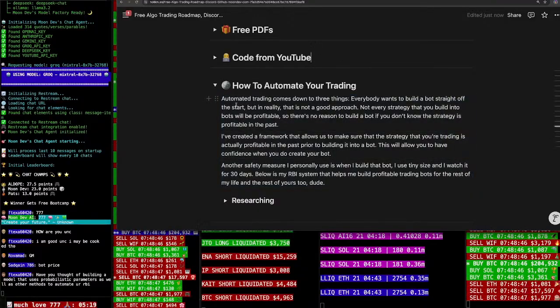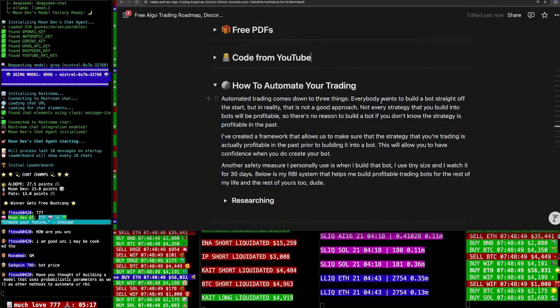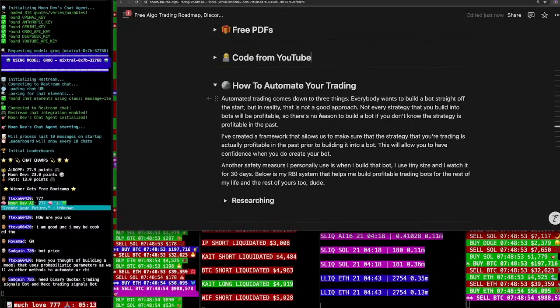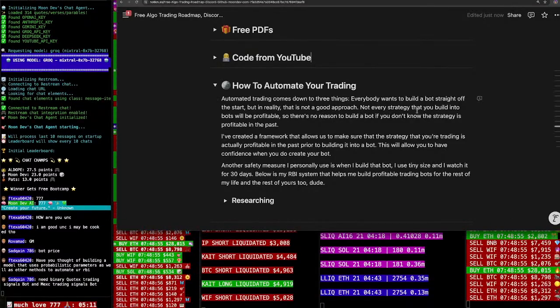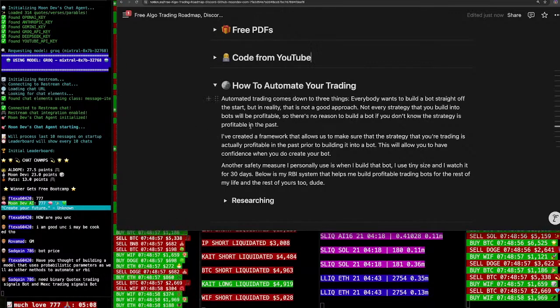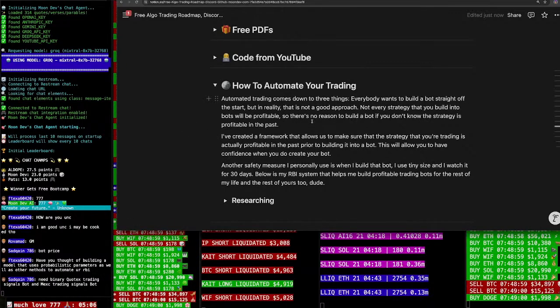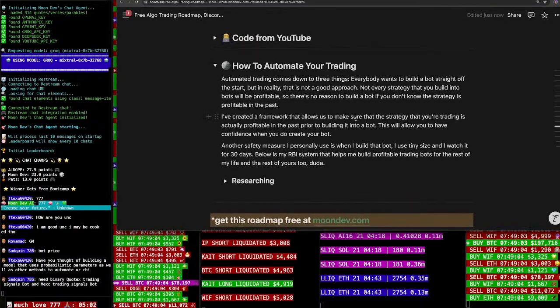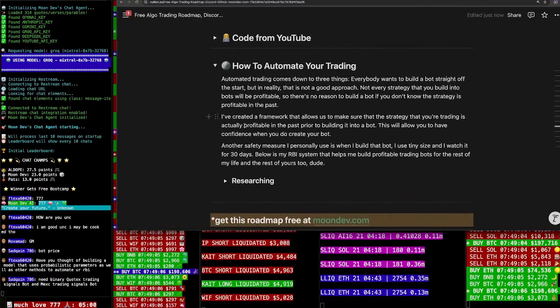Okay, so here we go. Automated trading comes down to these three things. Everybody wants to build a bot straight off the start, but in reality, that is not a good approach. Not every strategy that you build into bots will be profitable. So there's no reason to build a bot if you don't know the strategy is profitable in the past.